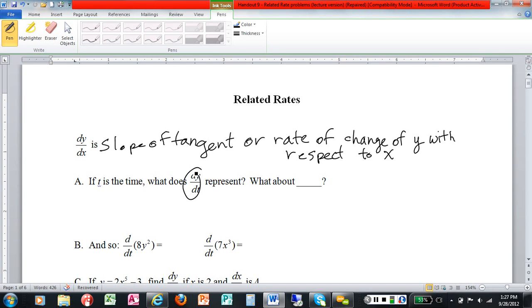Let's think about it in terms of this rate of change. How would you state that as we stated above? dy dt is still the rate of change of y, but it's with respect to t, with respect to time t.